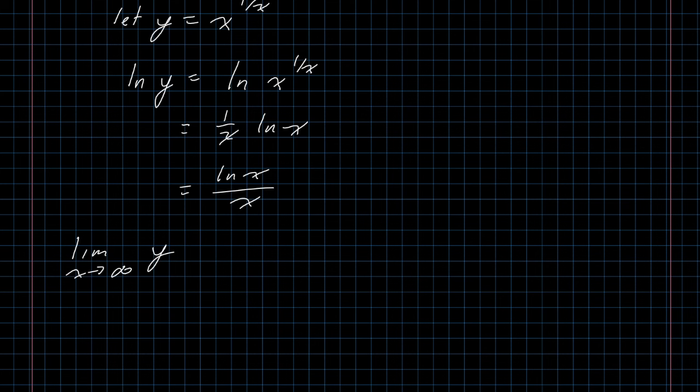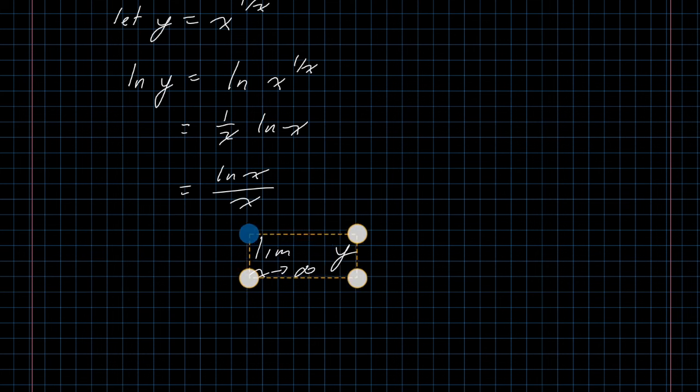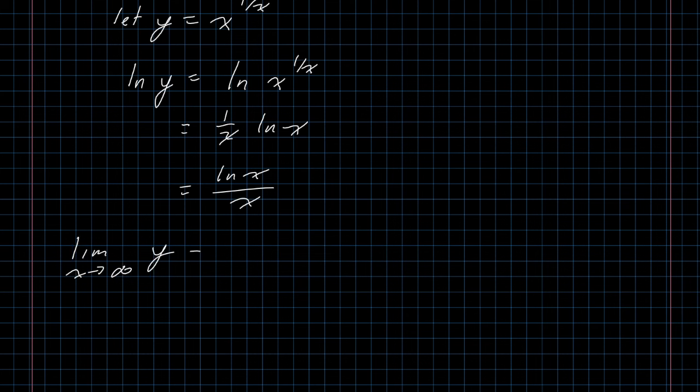But I'm not just going to figure that out, I'm going to figure out e raised to the natural log of the limit as x approaches infinity of y, and I'm going to claim that I can bring that natural log inside of the limit.